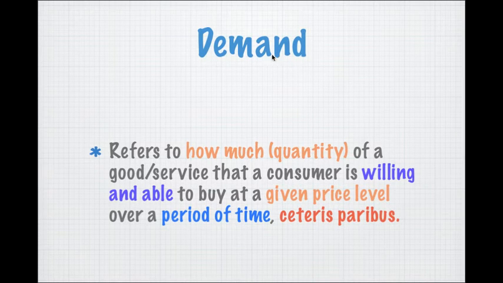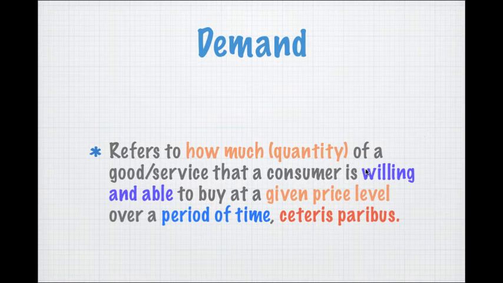So the demand function or demand curve relates the quantity demanded of a good or service to a given price level. Basically, if we have the price, we can tell how much quantity the consumer is willing and able to buy. That's the relationship we want to study.